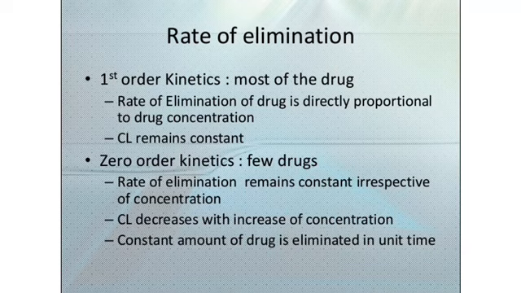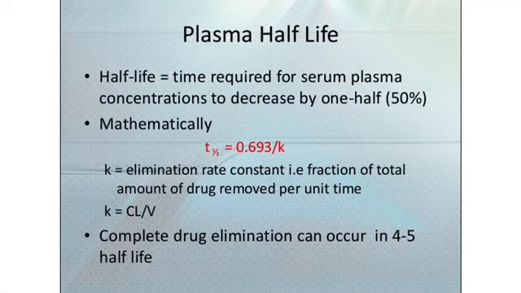Plasma half-life, or T1/2, is the time required for plasma concentration to decrease by 1/2 or 50%. By formula, T1/2 equals 0.693 divided by K, the elimination rate constant. Pag sinabi natin elimination rate constant, it's the fraction of total amount of drug removed per unit time.